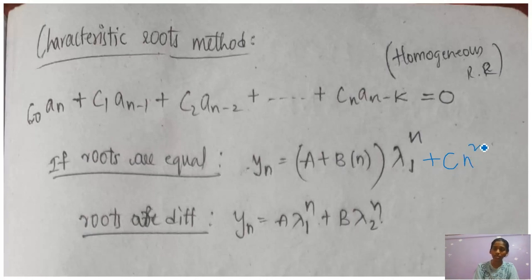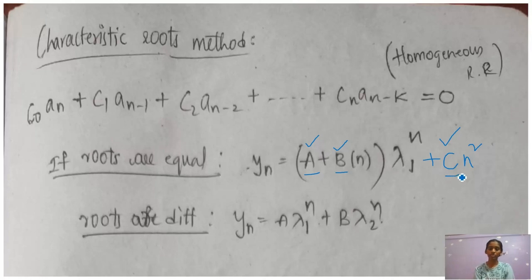So from this we can say that when roots are equal, the number of constant coefficients equals the number of roots. If we have 3 equal roots, then the constant coefficients will be 3. If we have 2 equal roots, constant coefficients will be 2, that is a and b. As we have 3 equal roots, constant coefficients will be 3, that is a, b and c.